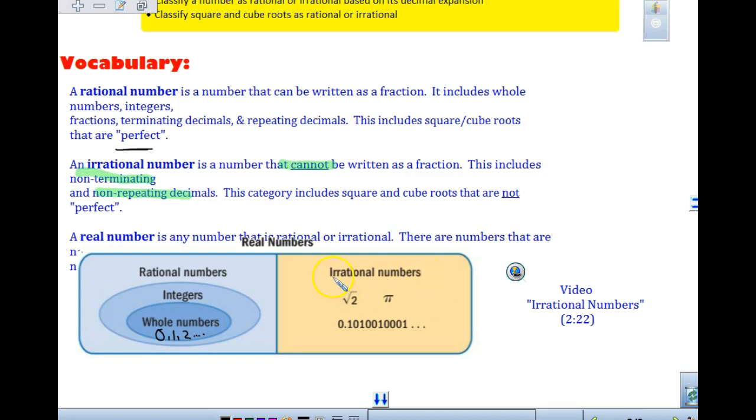It keeps going. In the whole numbers, will you ever have a fraction? No. But what if you had 6 divided by 3? That's 2. That's a whole number, right? So someone said, yeah, but that's a fraction. Well, I know, but it can be simplified to a whole number, right?